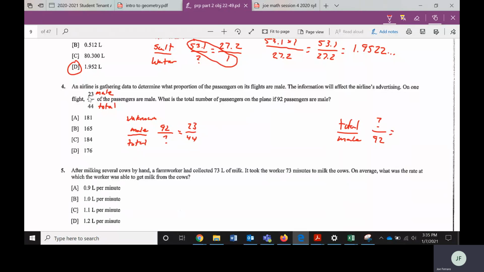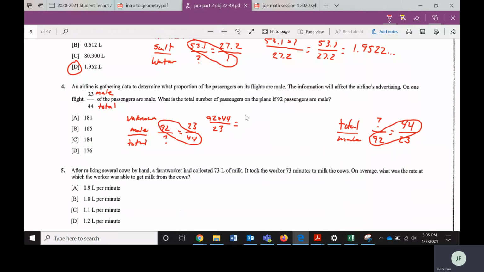And now we just have to make sure we flip this because now I put males on the bottom and we were putting total on the top. So either one of these, when you set it up, if you cross multiply and divide, take the diagonal with two numbers, it's going to be 92 times 44. It just looks a little different. That's the same thing. So we'll take 92 times 44, all divided by 23.